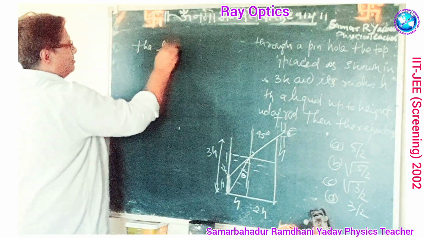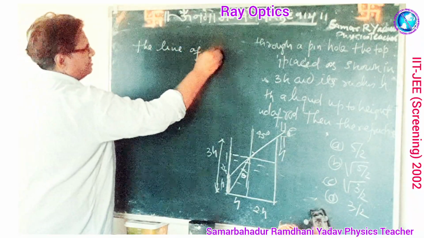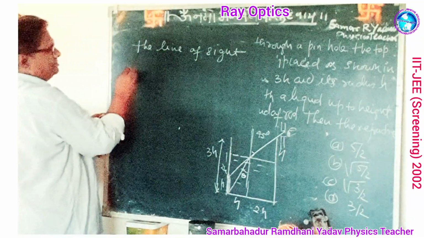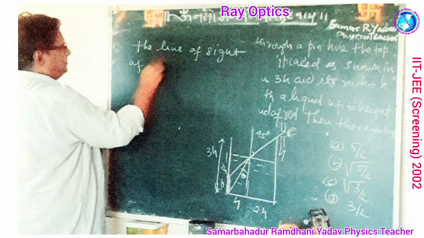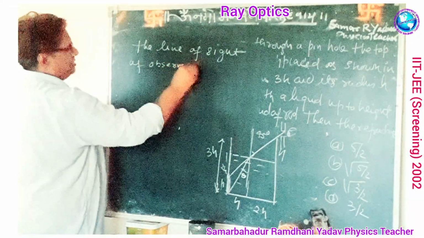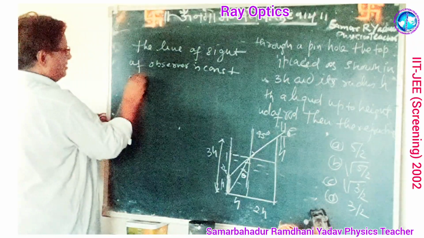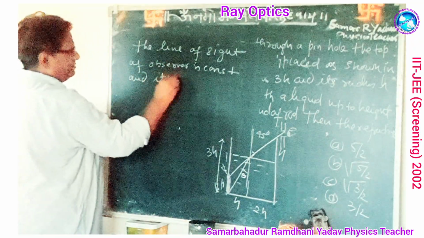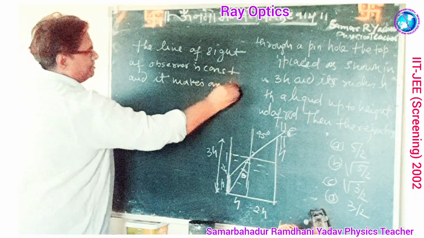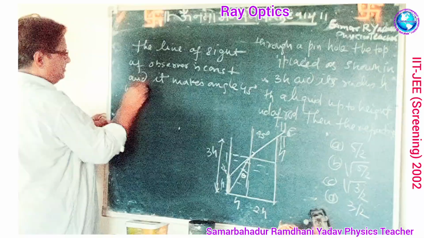Now we know that the line of sight of the observer is constant, and it makes angle 45 degrees with the normal.